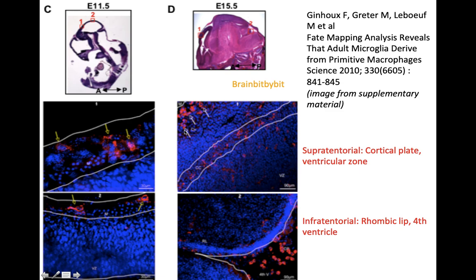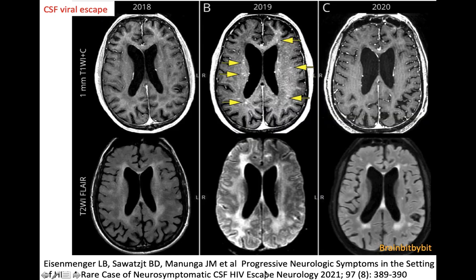So the microglial cells have already entered the cortical plate and migrated all the way up to the ventricular zone to mingle with the migrating neurons. The same happens in the infratentorial brain that you can see here. Images like this have been shown in the embryology of the posterior fossa, where you can recognize the rhombic lip and the fourth ventricle, and also a lot of microglial cells migrating in the posterior fossa.